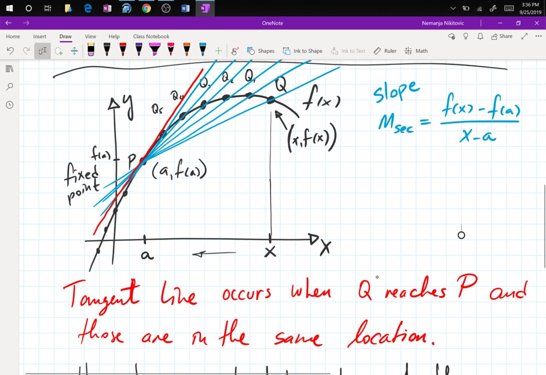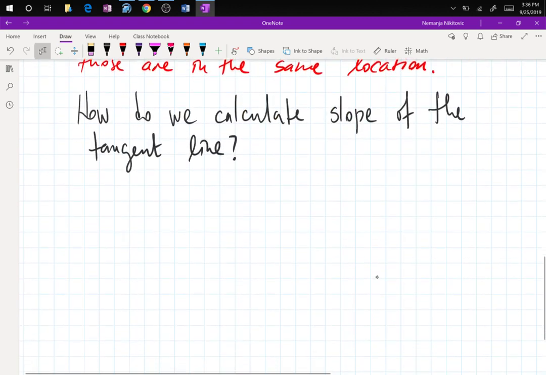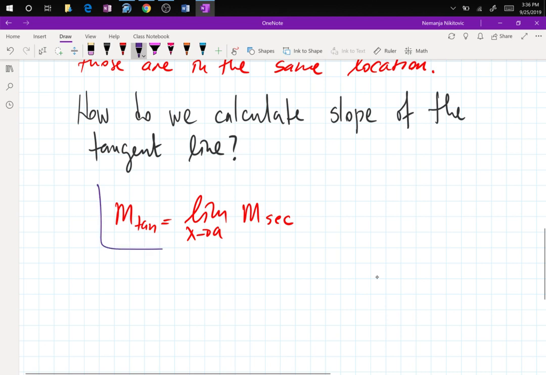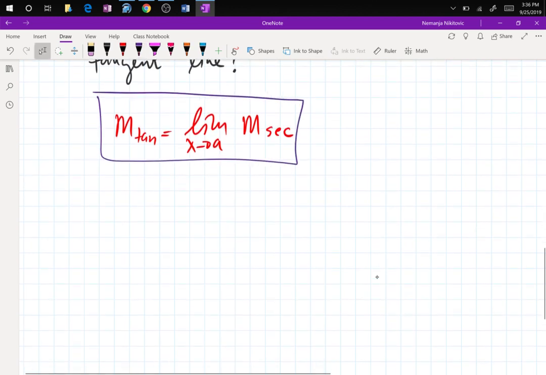Now, to write that mathematically, we simply write that slope of the tangent line is equal to the limit as x goes to a of the slope of the secant line. So that's the mathematical concept.